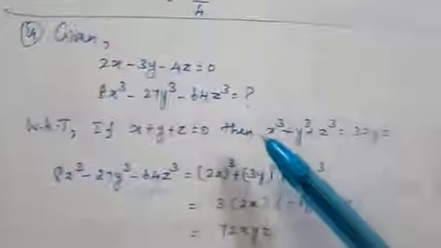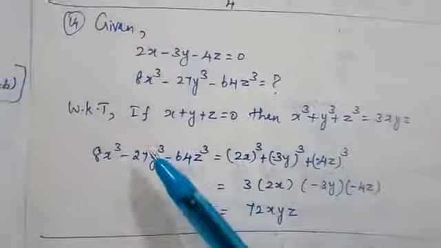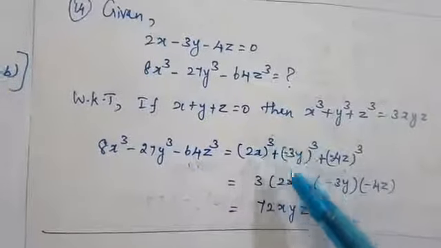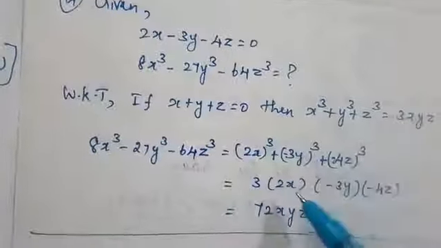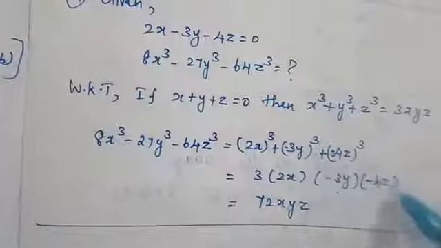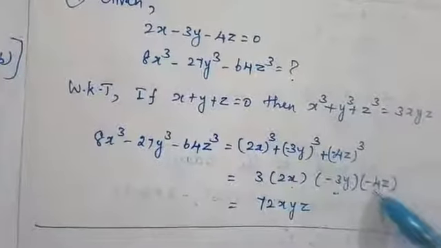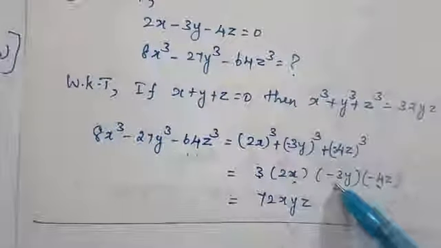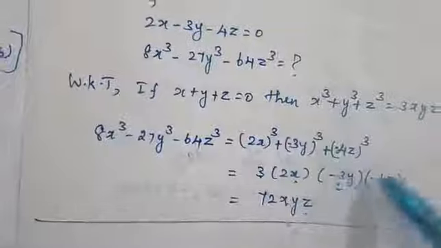We know that if x plus y plus z equals 0, then we substitute in this formula. 8x cube minus 27y cube minus 64z cube is written as (2x) whole cube plus (minus 3y) whole cube plus (minus 4z) whole cube equals 3 into x into y into z, x value 2x, y value minus 3y, z value minus 4z. You have to multiply the coefficients, 3 2s are 6, 6 3s are 18, 18 into 4 it is 72, xyz, minus into minus plus.